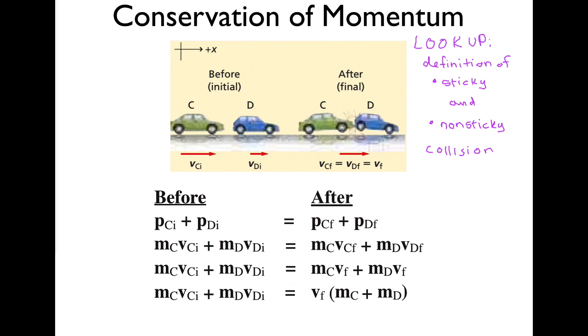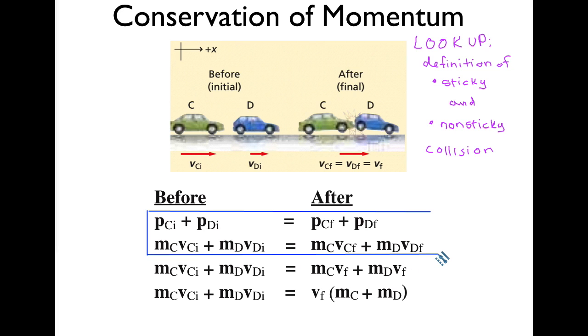So when we do these sticky or non-sticky collisions, there's a couple things. Basically, we'll say that the momentum of one object initially plus the momentum of the other object initially will equal the final momentum of both objects. Okay, and I'm going to call it circling it, but really I'm making a rectangle.